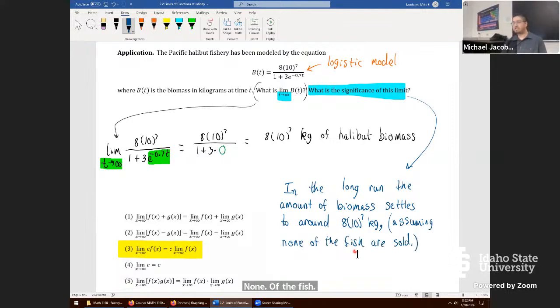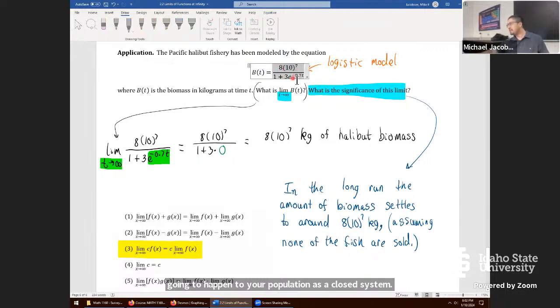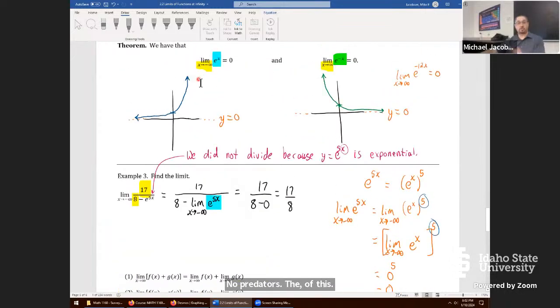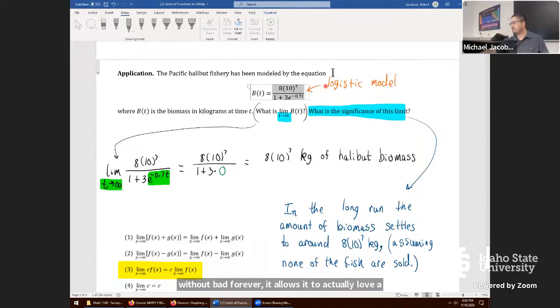So this logistic model is just saying what is going to happen to your population as a closed system, no predators. The format of this allows it to be not an exponential function that grows without bound forever. It allows it to actually level off to some settling carrying capacity of the actual fishery itself.